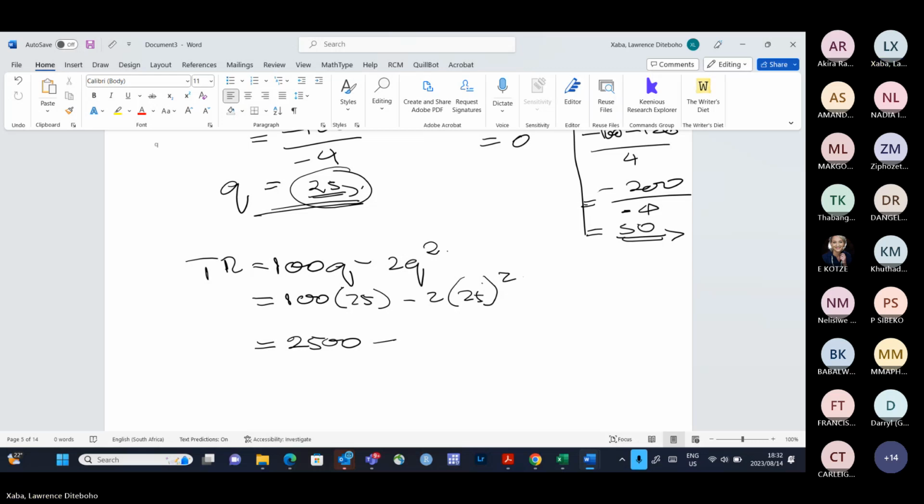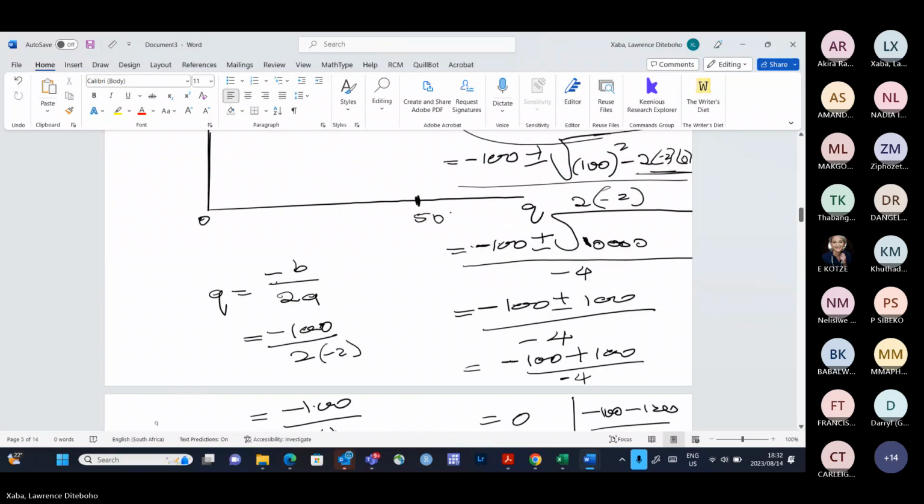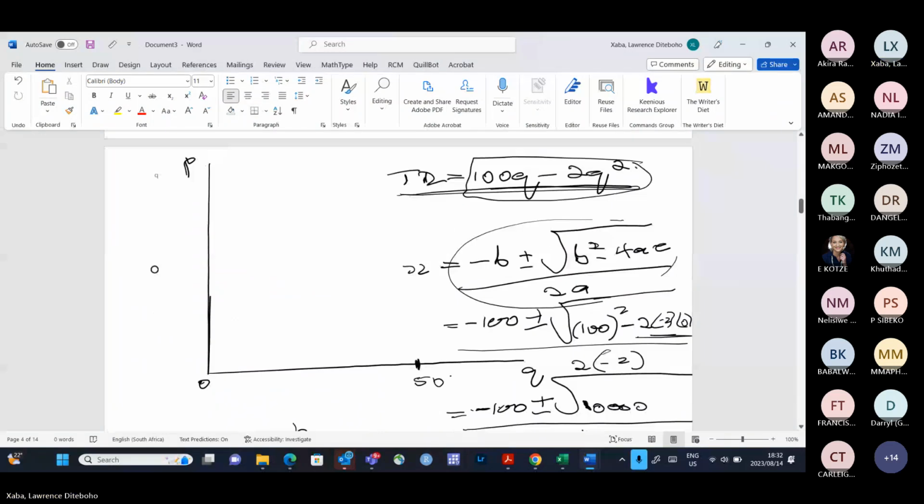Then we have 1,250. We want the difference, and the difference there is 1,250. So we go back. This is our Q side. Here we have 25. Up this side, it's not pricing, it's total revenue, sorry about that.